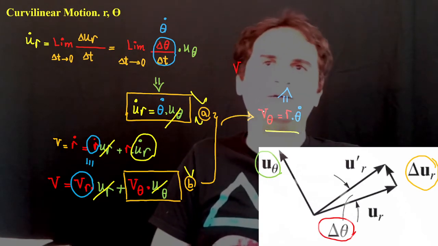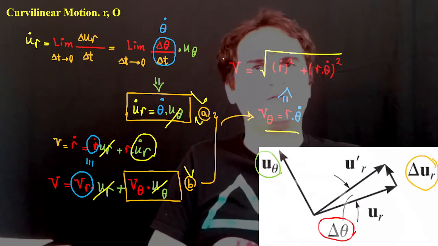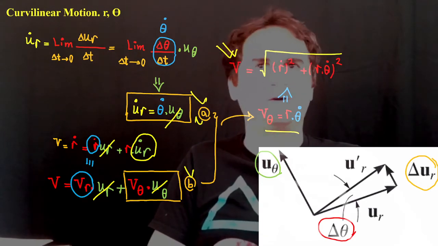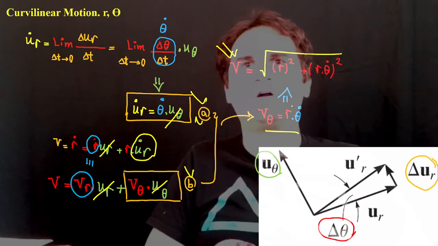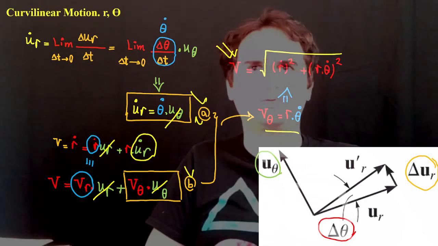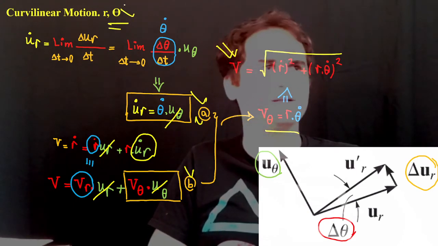So one can say the magnitude of the velocity in r and theta coordinates is the square root of r dot squared plus r times theta dot in parentheses squared. That's the magnitude of velocity in r and theta coordinates.